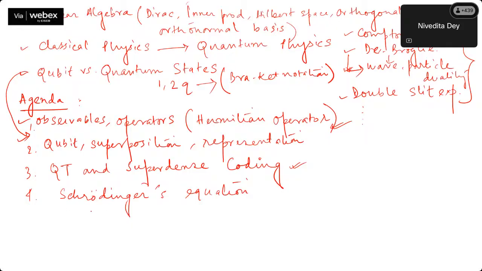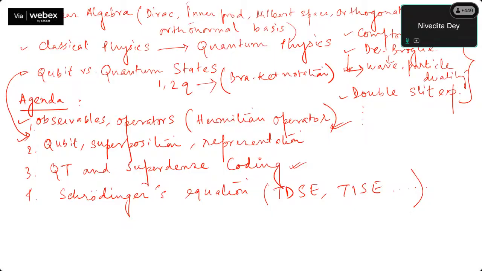We will be starting with the time dependent and time independent Schrödinger equation, and we will see the potential energy and try to see those relationships. So this is our objective for today's class. Let us see how far we can cover, because this part is going to take some time, along with the teleportation and super dense coding.